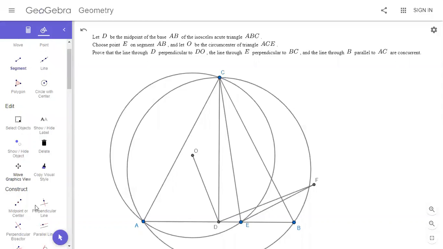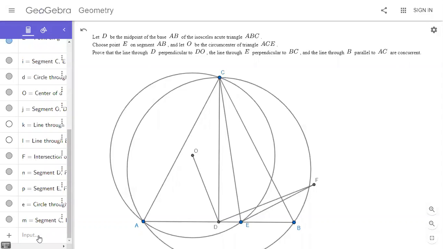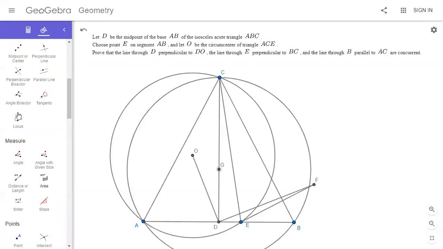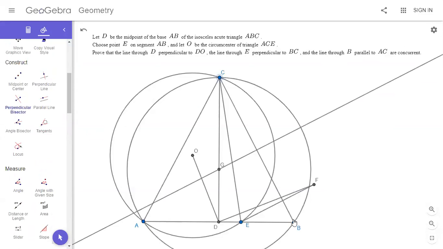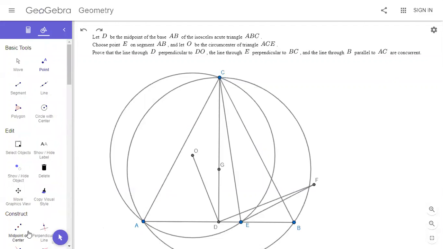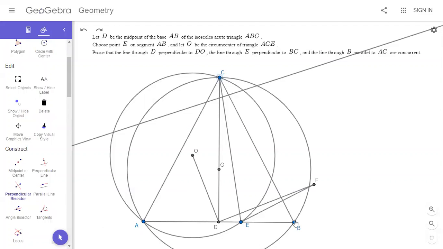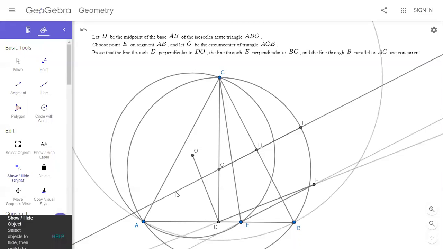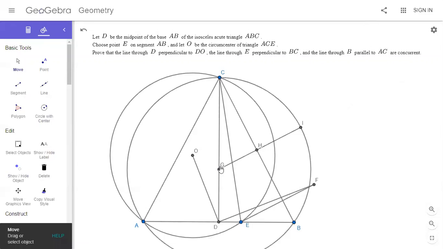All right, I'm going to try something. So I is the midpoint of arc BC.